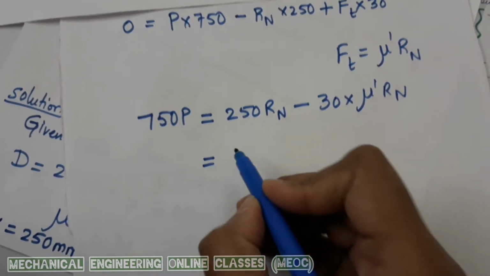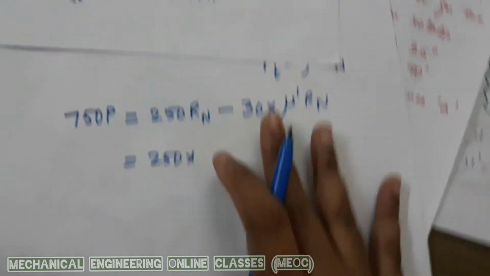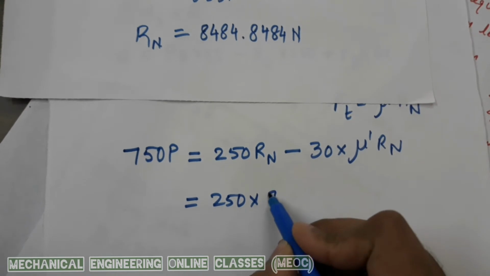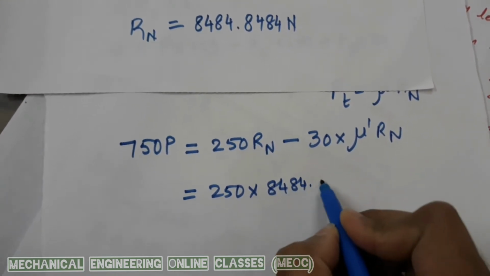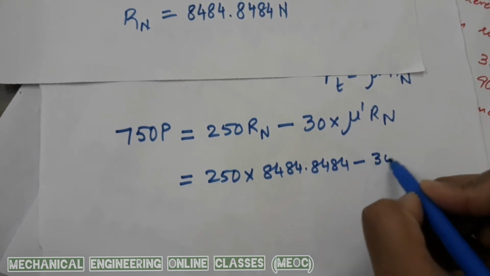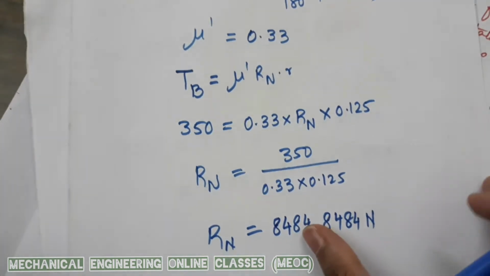So this will be equal to 250 into Rn, minus 30 into mu dash, which is 0.33.